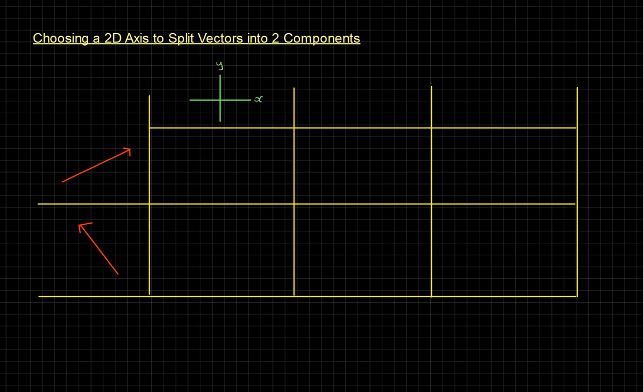And then for each of these vectors, I'm going to split them into two components. I've drawn them on a flat piece of paper. They're two-dimensional vectors, so I can split them into two components alongside the two axes, the X and the Y axis. So in this case, my two components for the first one would be this going horizontally and this one going vertically.